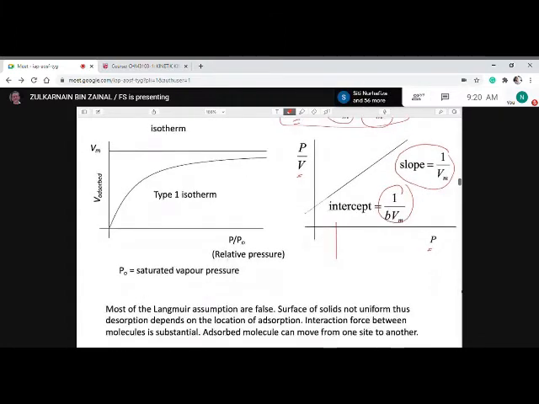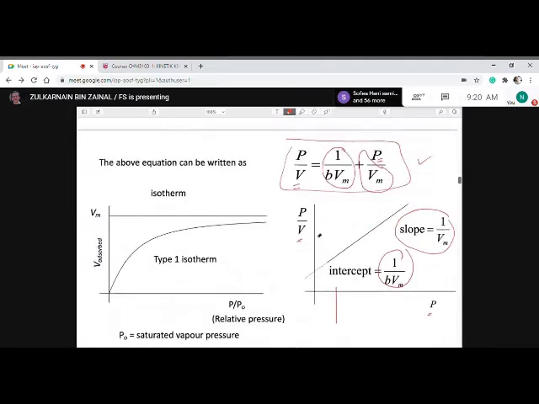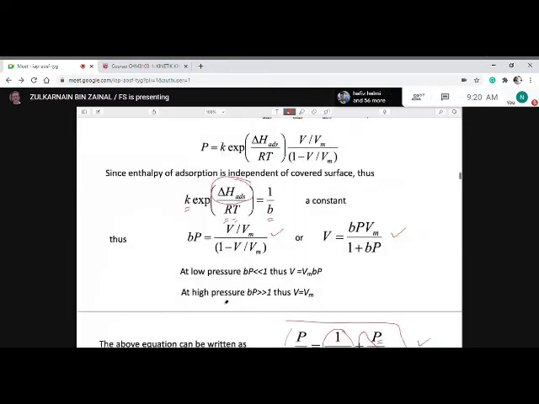Okay. So we move on now. These are the isotherms. This is also an isotherm, but it's not in a straight line plot. Now it is not Vm; it is the amount adsorbed versus relative pressure, P over P naught.